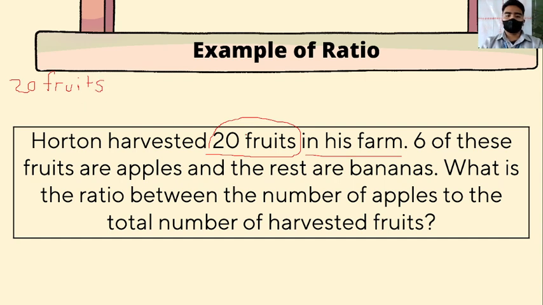Six of these fruits are apples. So we could tell that from your 20 fruits, you have six apples, and the rest are bananas.